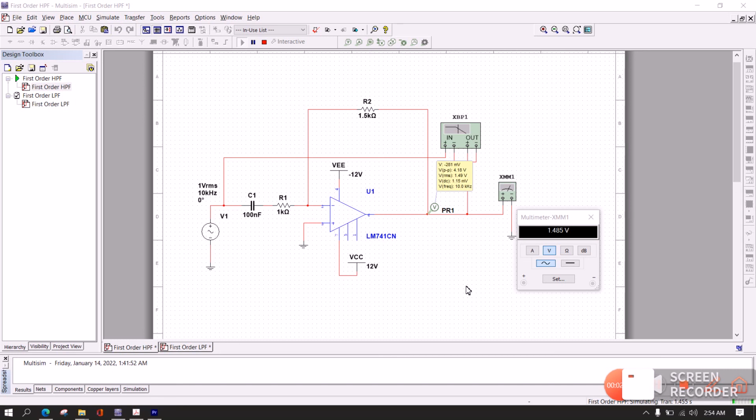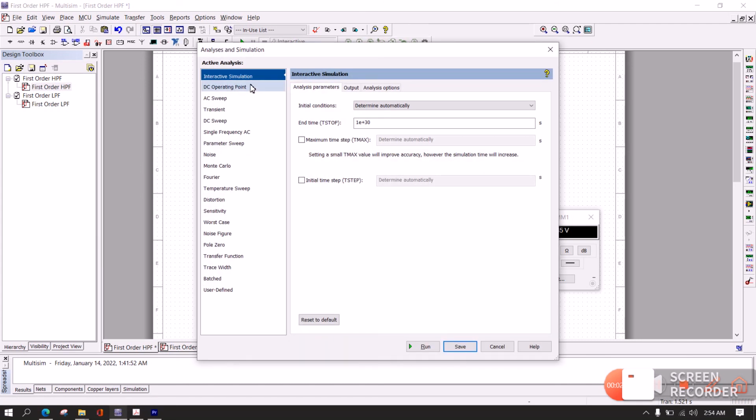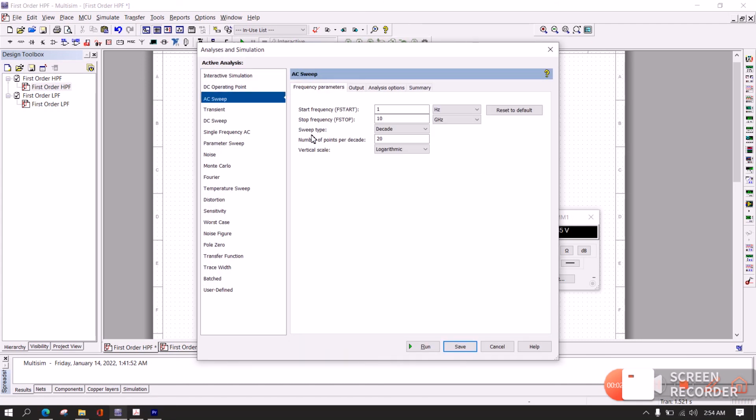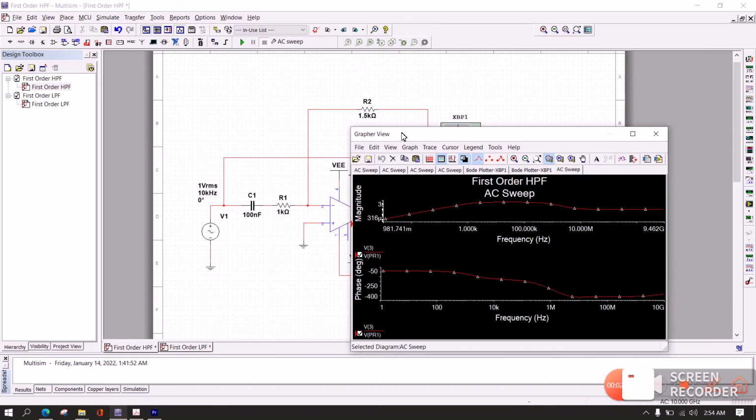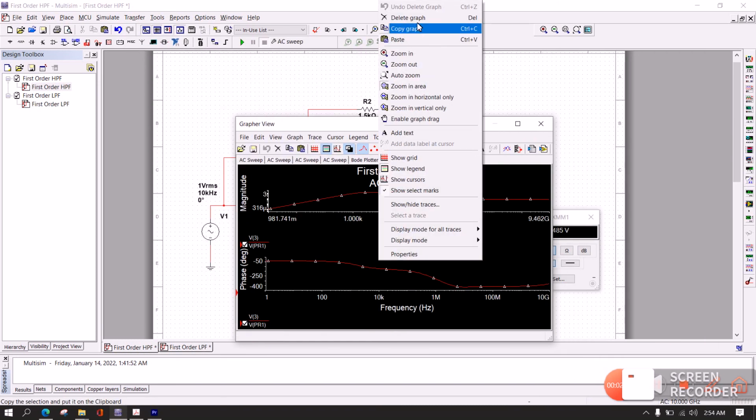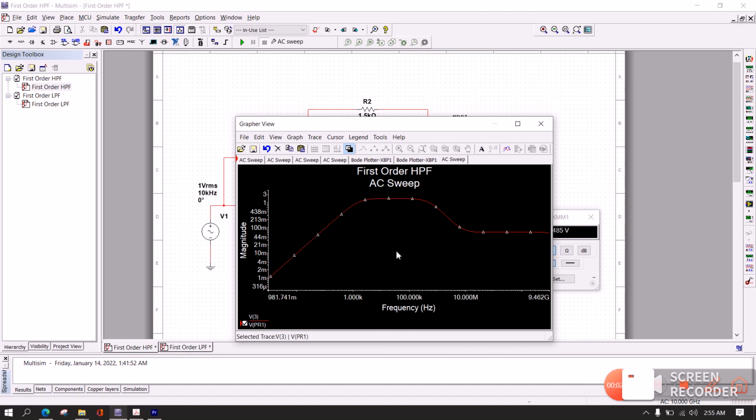Then the plot of the filter circuit will look like this. This is the Bode plot for the first order high pass filter.